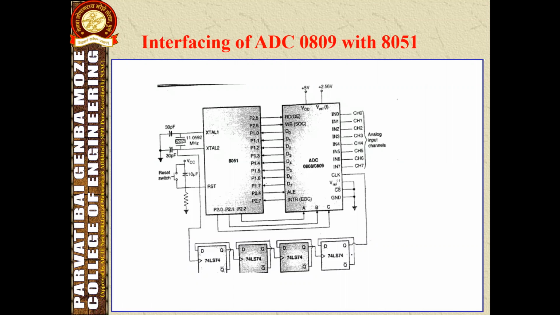The clock source of this analog to digital converter is the crystal oscillator. But this frequency is very high for the analog to digital converter. Hence, 4 D flip-flops are used for dividing the frequency.